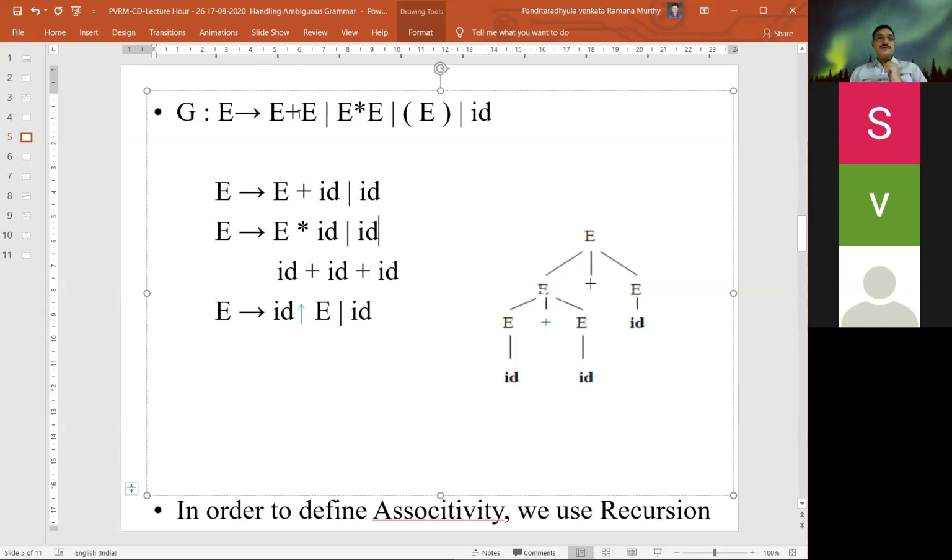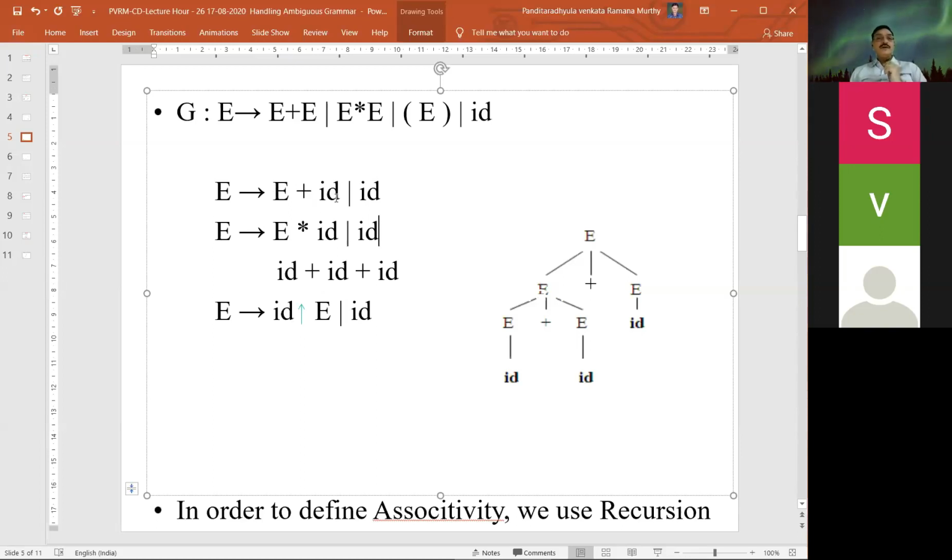So the given expressions we are rewriting in such a fashion. If you want to expand, we have to expand the leftmost plus sign, or leftmost multiplication sign, or leftmost division sign only.